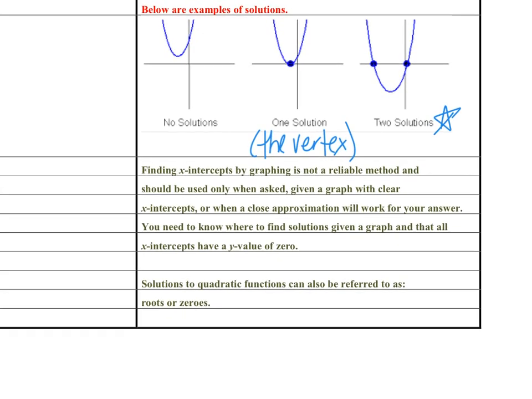Now, it says a lot of words down here. Let's read them together. Finding x-intercepts by graphing is not a reliable method and should be used only when asked, given a graph with clear x-intercepts, or when a close approximation will work for your answer. You need to know where to find solutions given a graph, and that all x-intercepts have a y value of 0.